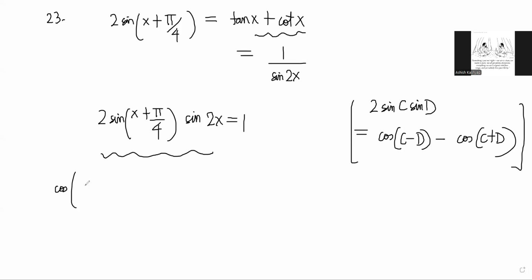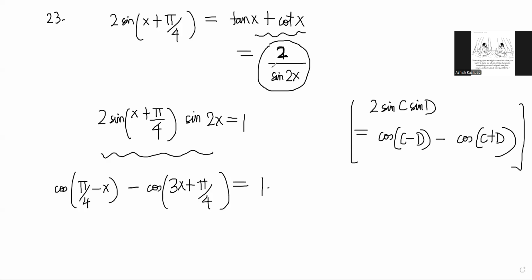If you do that, you will get x plus pi by 4, so pi by 4 minus x minus cos of addition. So 3x plus pi by 4 is equal to 1, right? Wait, I made a mistake here because it was 2 by sine 2x. Do you understand that it is 2 by sine 2x, not 1 by sine 2x?